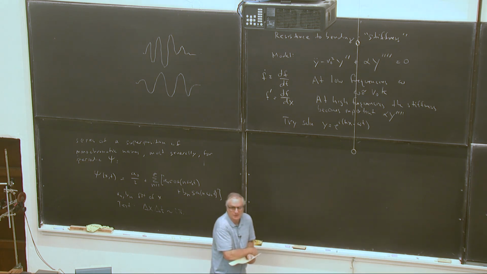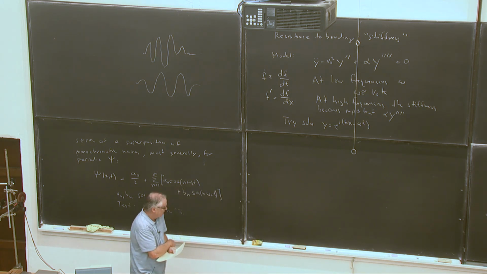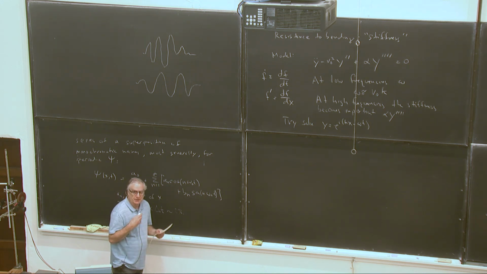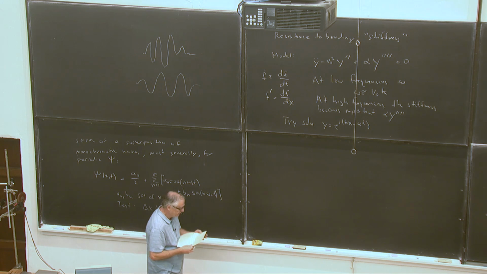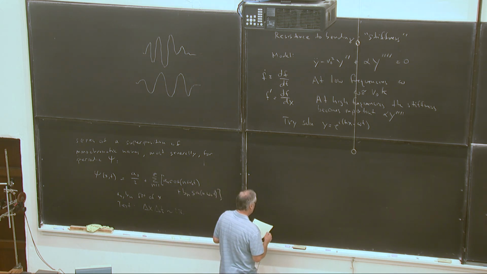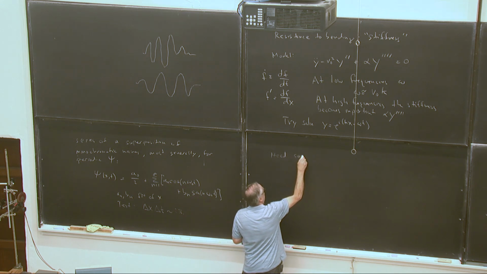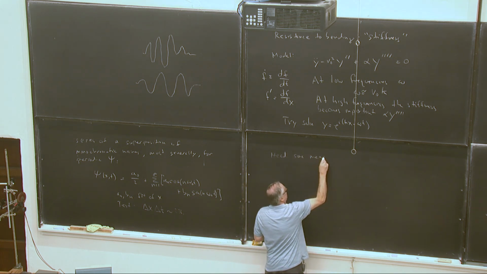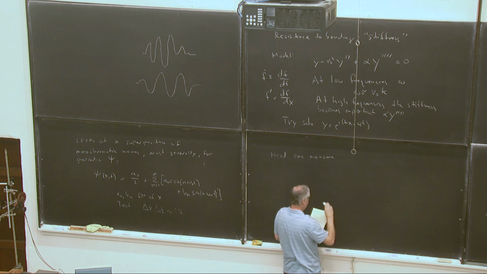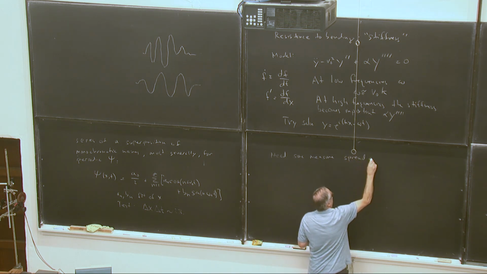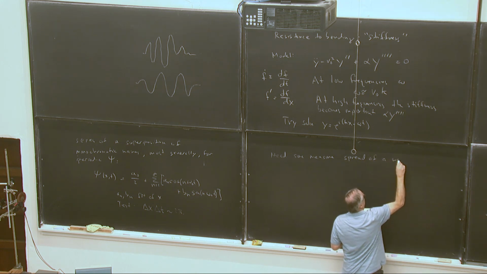So what are delta x and delta t? What do we mean by those? To get something that's more quantitative, we need to define these. So we need to have some idea, some way to measure the spread of a wave packet.